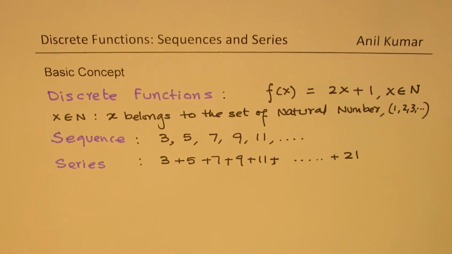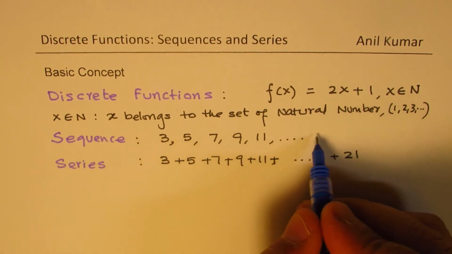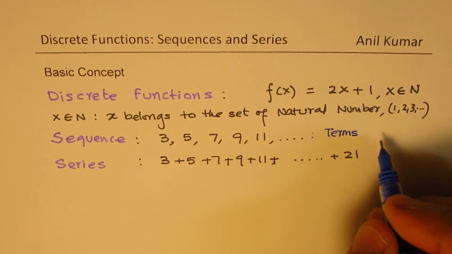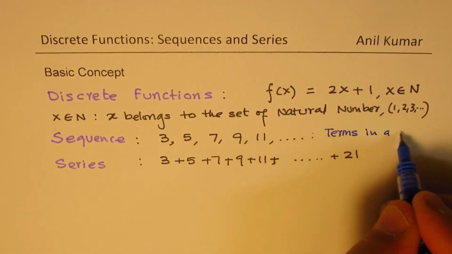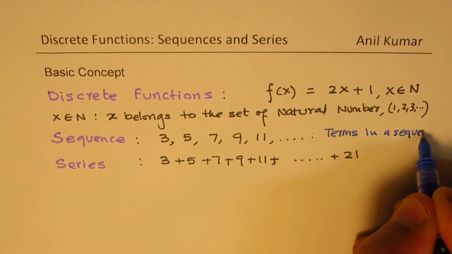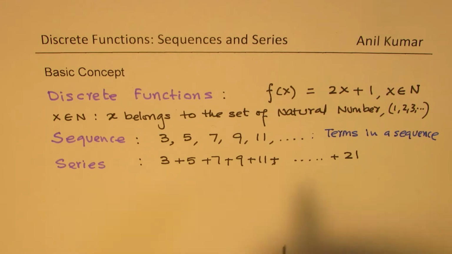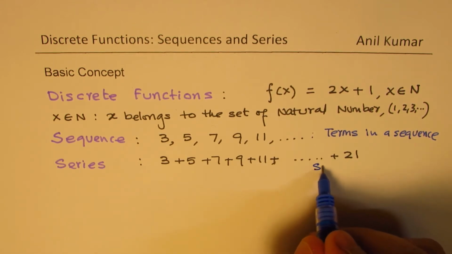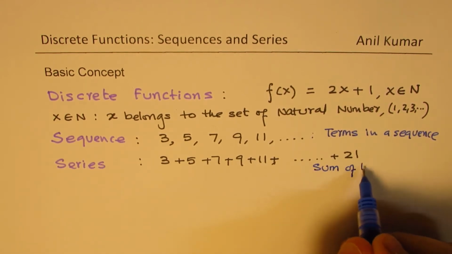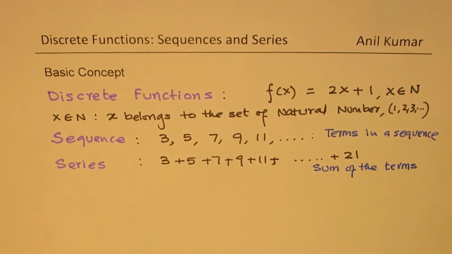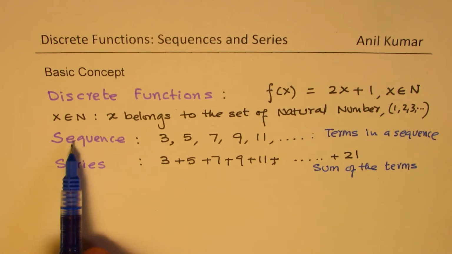So basically the difference is we are only talking about terms in a sequence, and in the case of series, we are looking into the sum of the terms. That is how they are related.